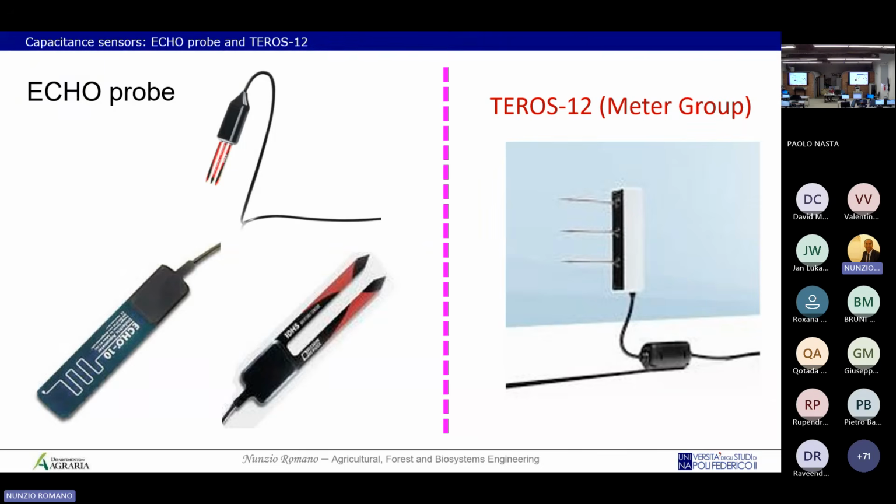But I should say that another limitation of the capacitance sensors is that the value they measure is affected by the temperature. So in the calibration of these sensors, it's important also to understand the effect of temperature on the measurement of soil water content.